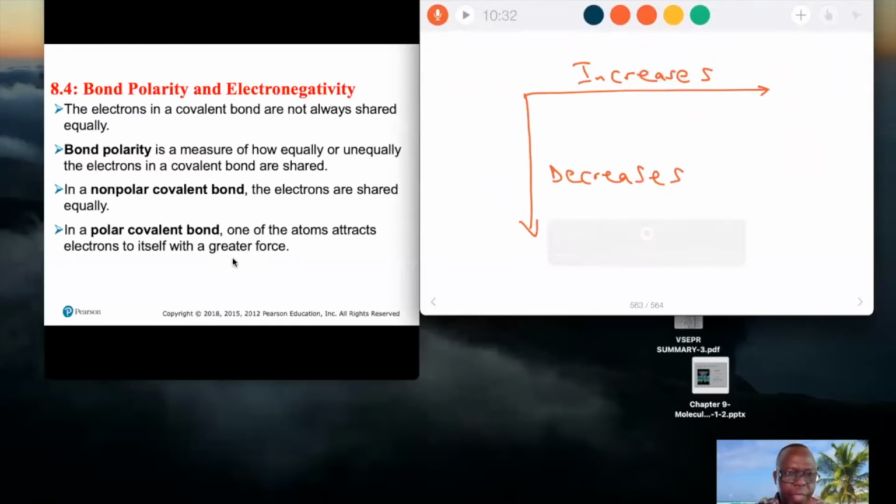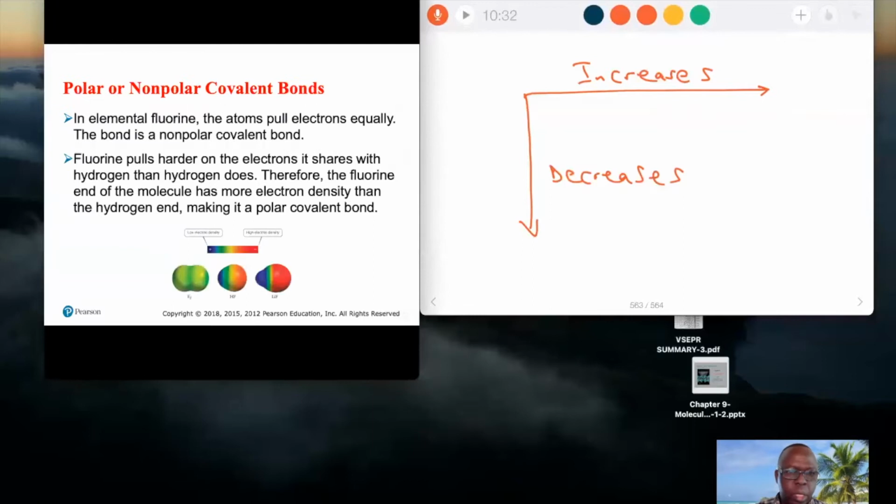However, if there is equal sharing of electron for the same elements, we say that the bond is non-polar, which means electrons are shared equally.